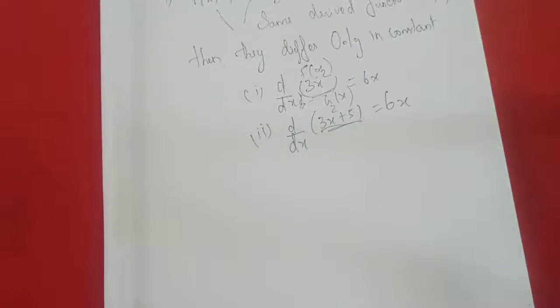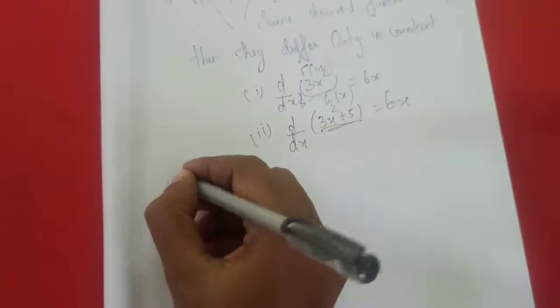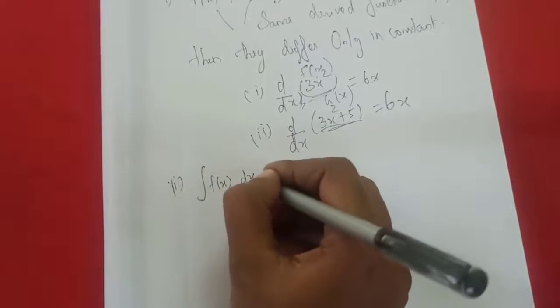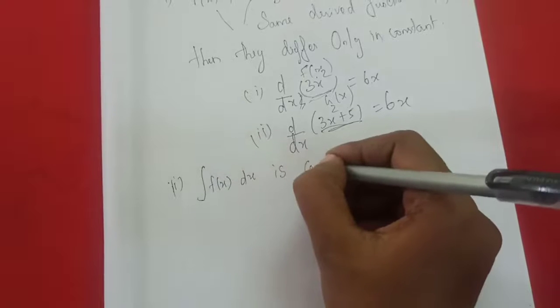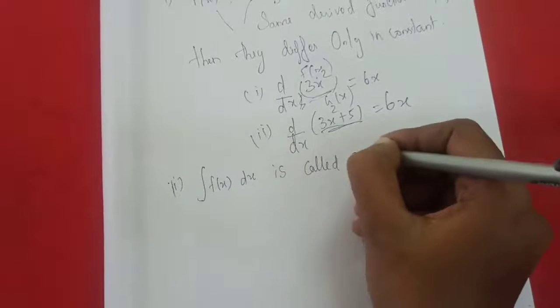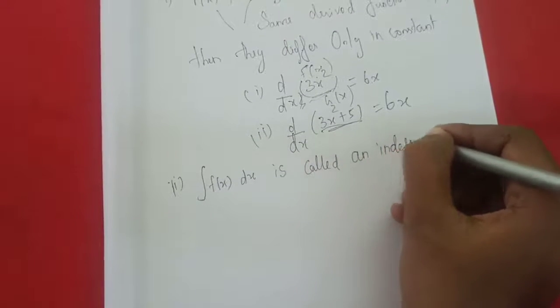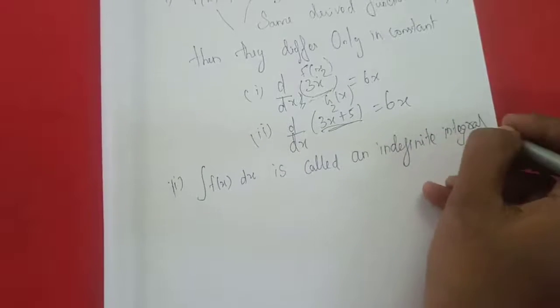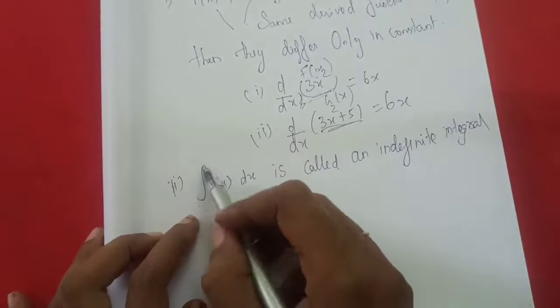Okay. Then next one, small note, that is integration of f of x dx is called the indefinite integral. So what do you mean by indefinite integral? Indefinite integral means there is no limit.